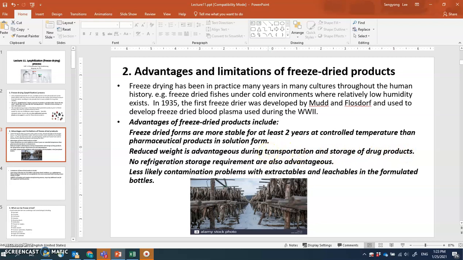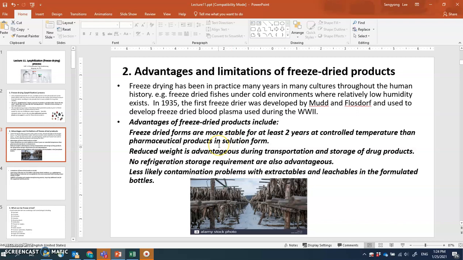The extended shelf life is due to the fact that there's no water in your drug product. By removing water, you are removing the possibility of hydrolysis. Hydrolysis means a water molecule is involved in the chemical process, right?